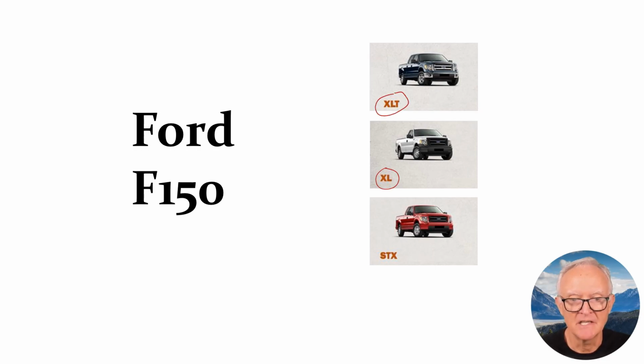An XLT, an XL, or an STX, but they're all still Ford F-150s. At their core, they're still the same. It's sort of like carbon 12, carbon 13, and carbon 14. At their core, they're still carbon. They're slightly different models because they have different numbers of neutrons.